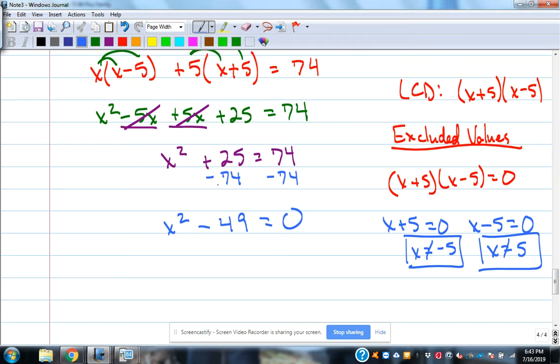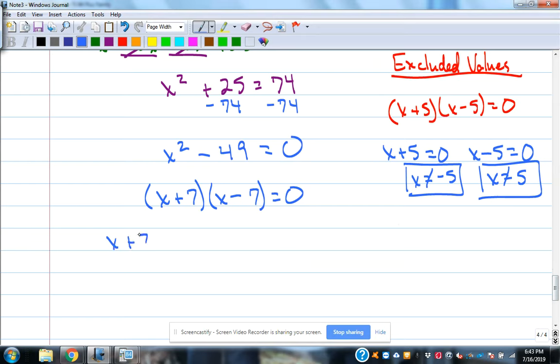Good. Difference of squares, because 49 is what squared? 7 squared. So that's x plus 7, x minus 7. And set those equal to 0. x equals negative 7. There's an answer. x equals positive 7.